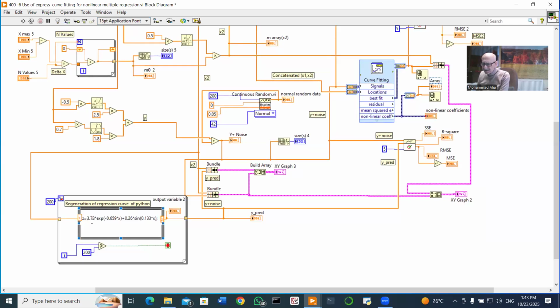This expression here is exactly the same as the expression which we fed to the input here, except that the coefficients which I included here are those coefficients which I obtained when using LabVIEW. So the array which is at the output here exactly represents the predicted array values.